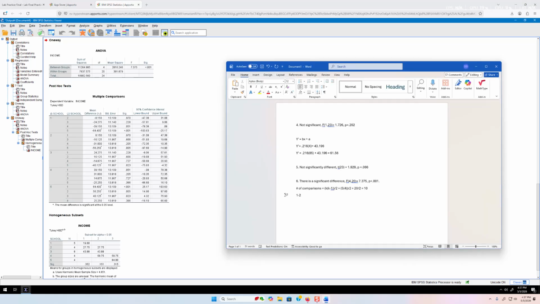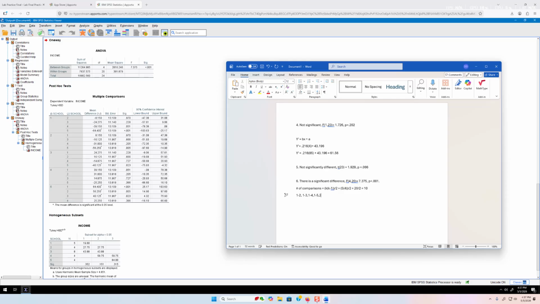1 and 2, 1 and 3, 1 and 4, 1 and 5. All right, now 2 and 1. 2 and 1 is the same as 1 and 2, right? So we're not going to do 2 and 1.